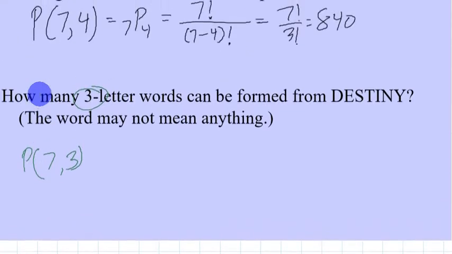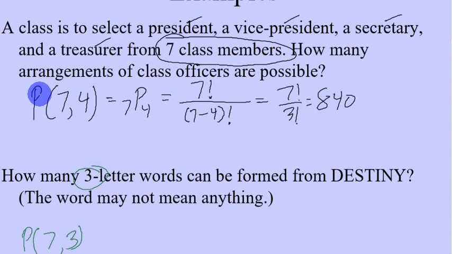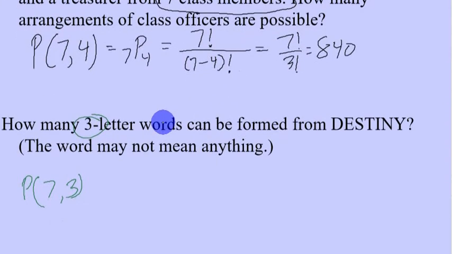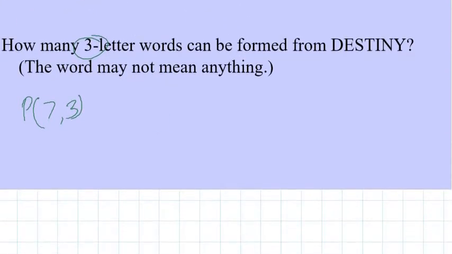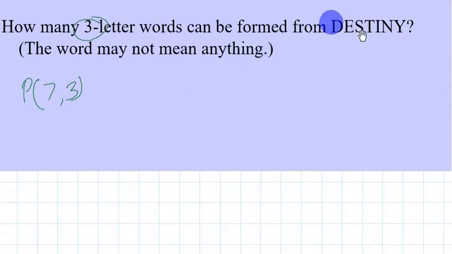On the first problem, we know they're distinct because no one is a carbon copy of the other, nor a clone, and there are 4 distinct positions. Here we have 3-letter words, and we have distinct letters from our source.